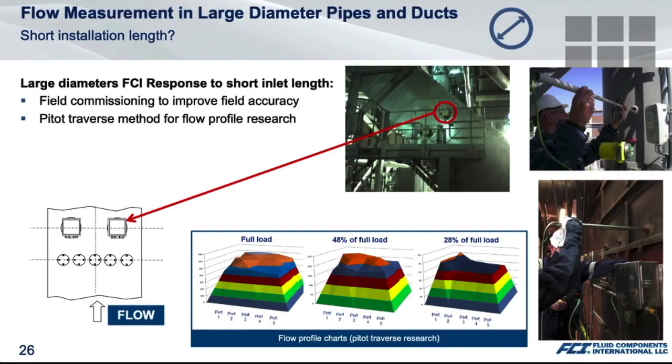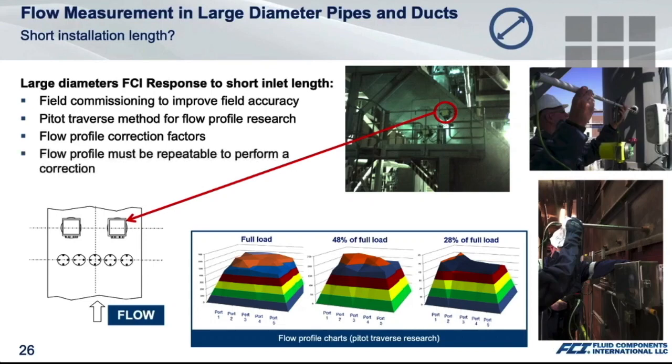By doing so, we are able to determine, at different loads, different flow rates, the flow profile, and to determine flow profile correction factors. Each point of the flow meter will be corrected based on the findings of the Pitot Traverse at different flow rates. These flow profile correction factors will be applied to the instrument to correct for the difference of the flow profile versus the calibration flow profile.